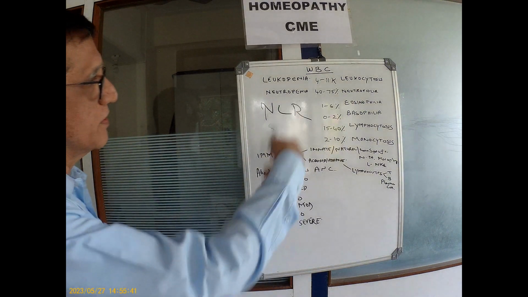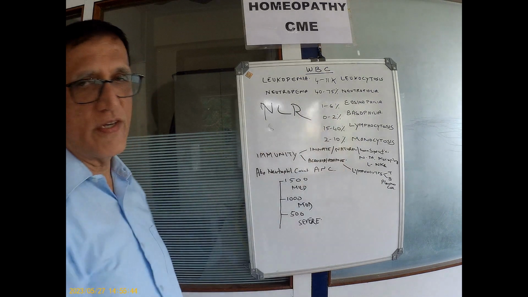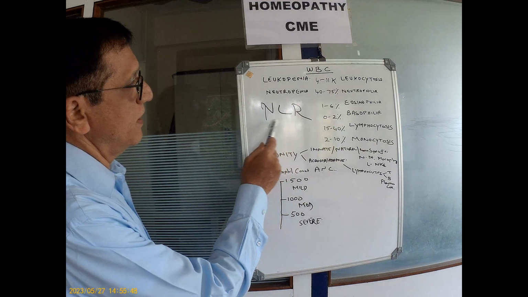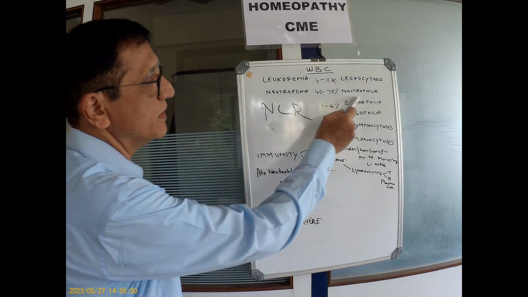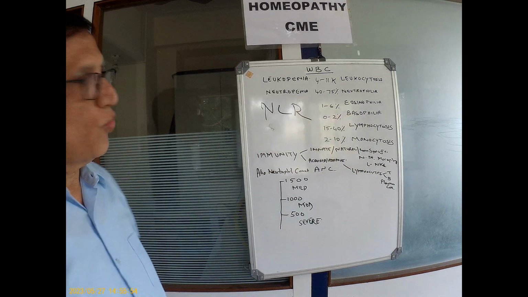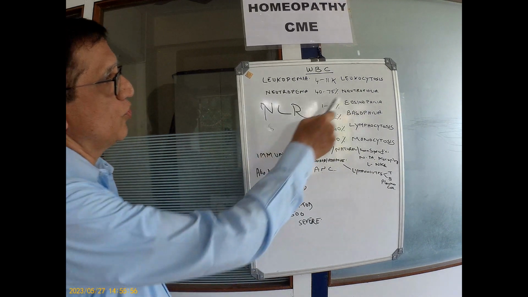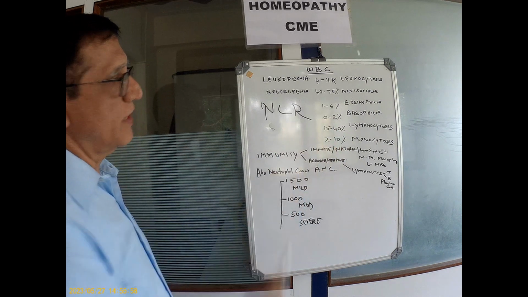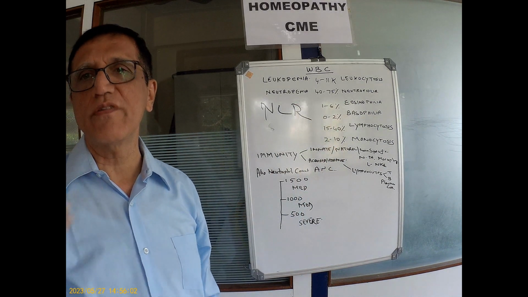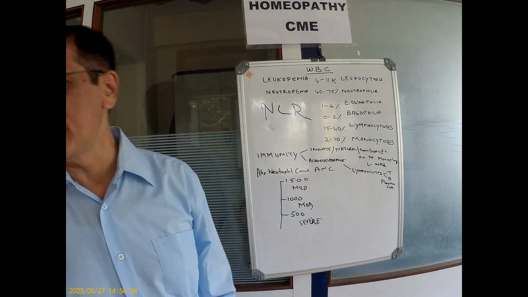One of them was the NLR, neutrophil lymphocyte ratio. Neutrophils increase a lot, lymphocytes fall. So when this ratio, neutrophils divided by lymphocytes, goes above 3.3 or 3.5, it went in favor of COVID.